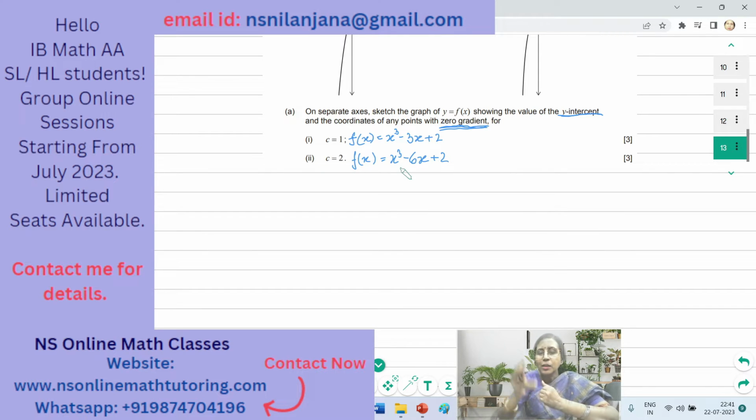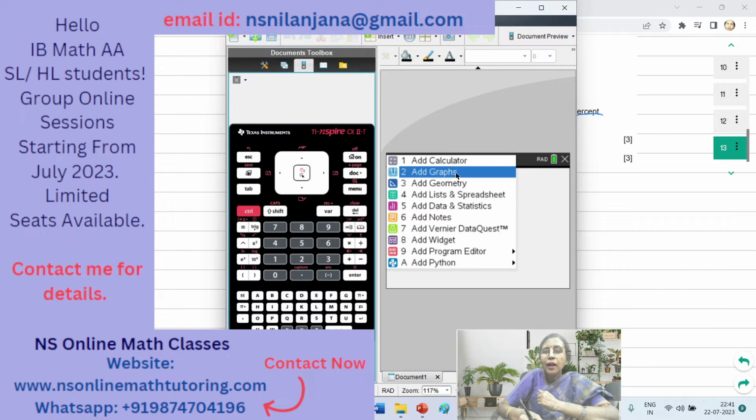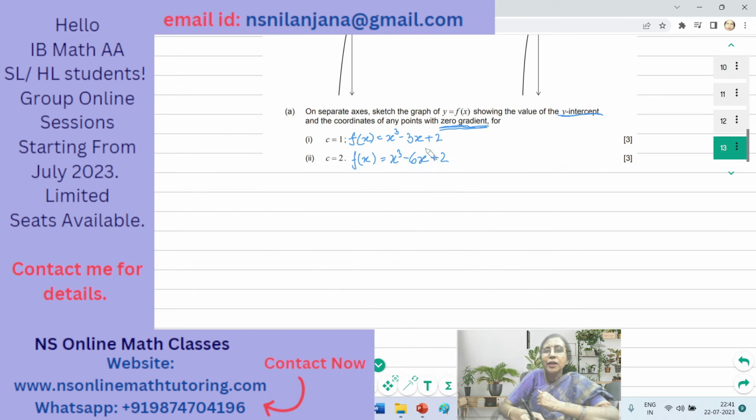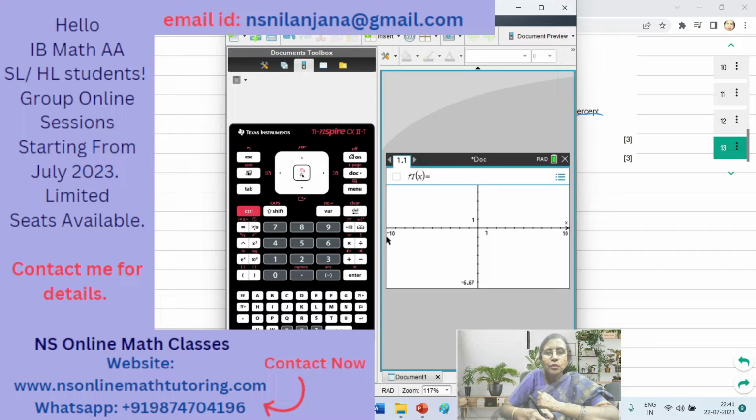X cubed minus 3x plus 2 will be our first graph. Okay, add graphs. X cubed minus 3x plus 2.